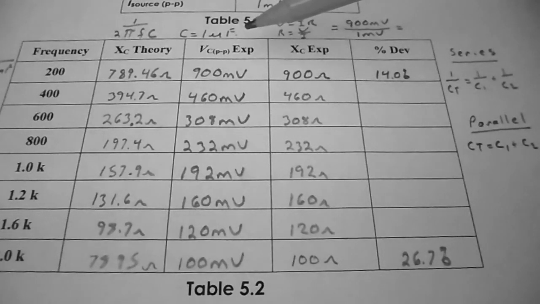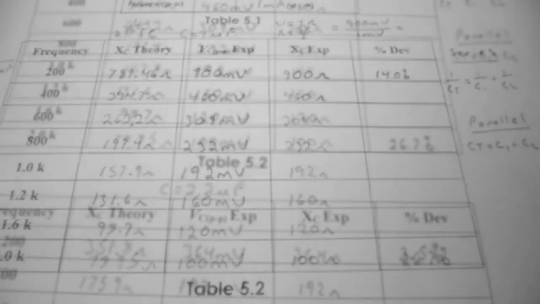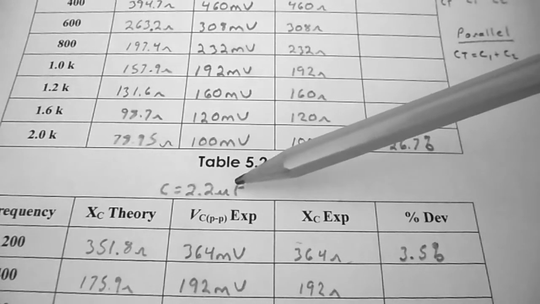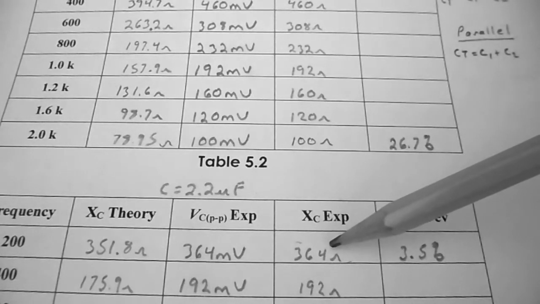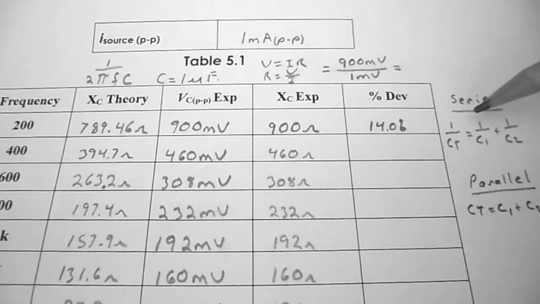So for our 1 microfarad capacitor, we had 900 ohms on XC. When we increased our capacitance to 2.2 microfarads, you can see the resistance of XC actually decreased. So when we add capacitors in series, the capacitance decreases.